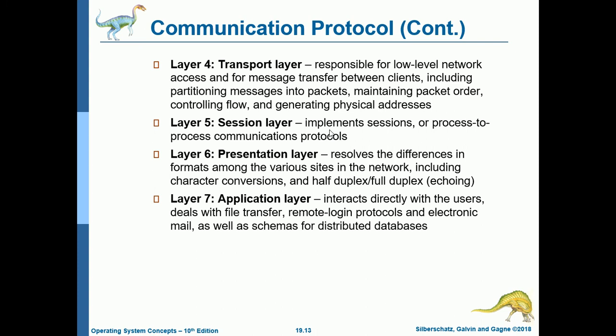Layer 6 is the presentation layer, which resolves the differences in formats among the various sites in the network, including character conversions and half duplex or full duplex, which is used for echoing. Next is the application layer, which interacts directly with the users and deals with file transfer, remote login protocols, and electronic mail, as well as schemas for distributed databases.